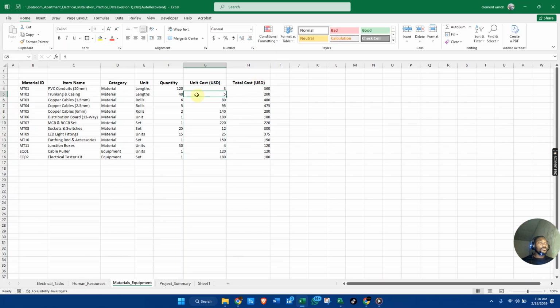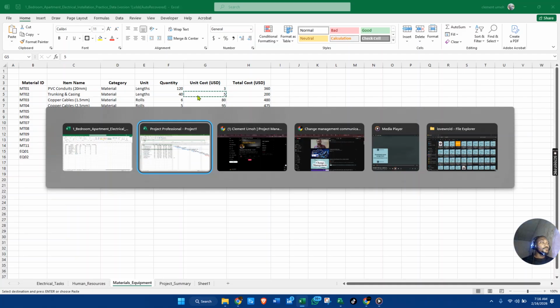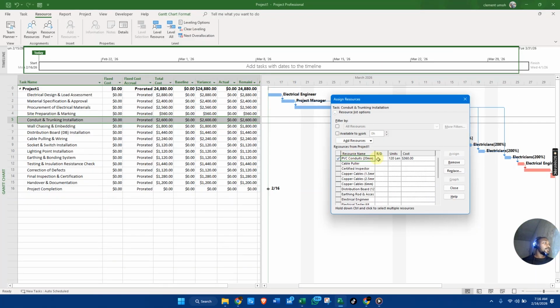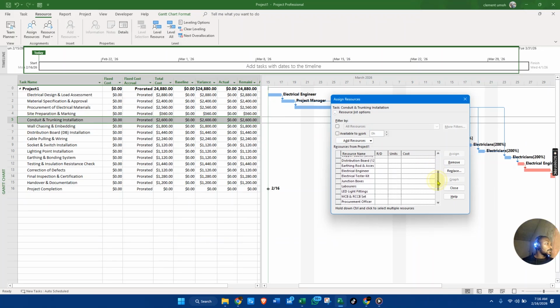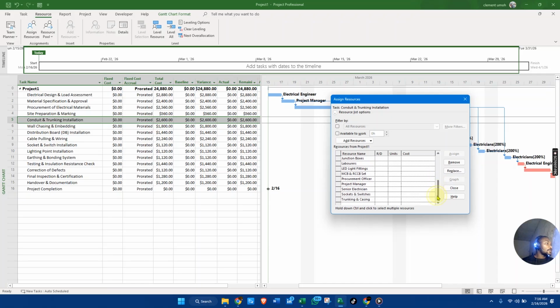So let's go to our trunking and casting. Trunking and casting is $5 to get our trunking material. Still, we're going back to this installation of conduit and material. We're going to add another 10 to it. We're going to add trunking and casting.